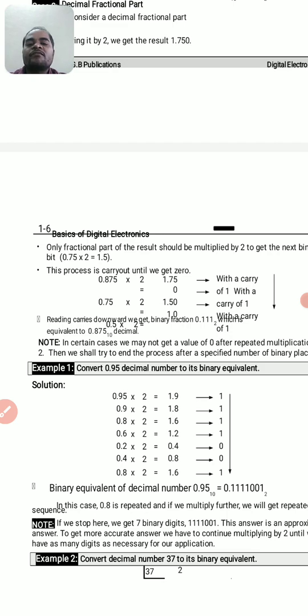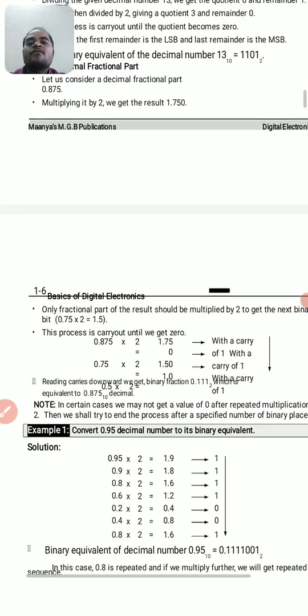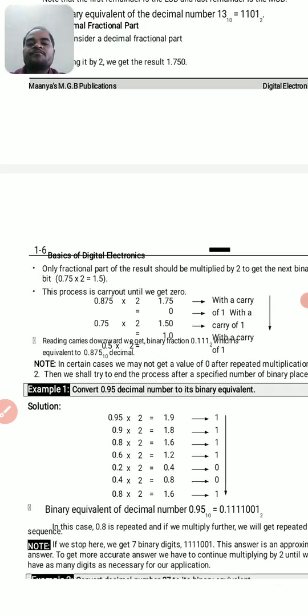So in the case of the integer part, the result is written from downwards to upwards. But in the case of the fractional part, we have to write the result from upwards to downwards by putting the decimal point here.